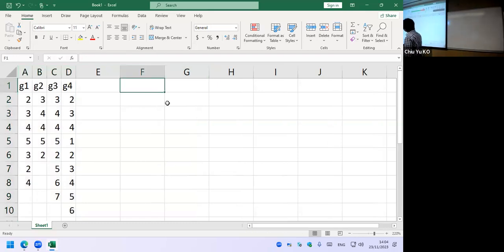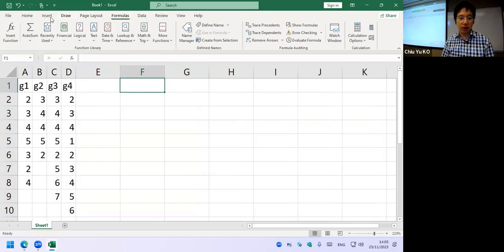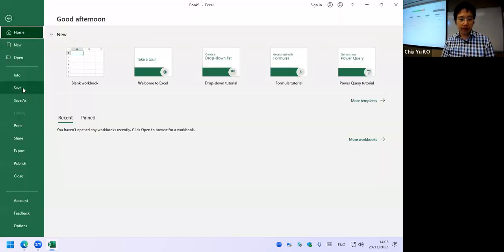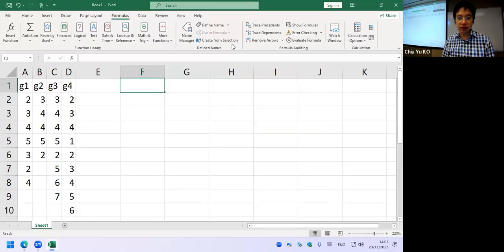Now, what I want is to run an ANOVA. And don't worry, it's just one click, then you're done. Very simple. How do we do that? We need to figure out what we call the add-in. I think Mac should still have that. Let me go step by step.